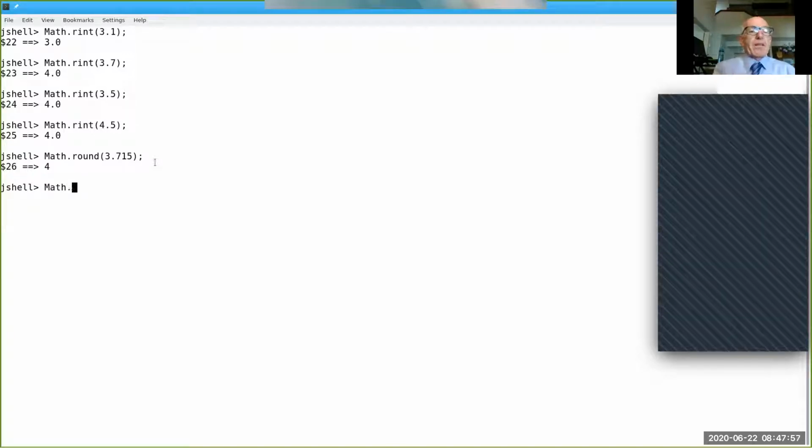In fact, let me make that a comment: math.round of x is the same as (long) math.floor of x plus 1/2. Technically, that's what it's really doing. It adds 1/2, takes the floor of that, and then gives it back to you as a long. How exciting.